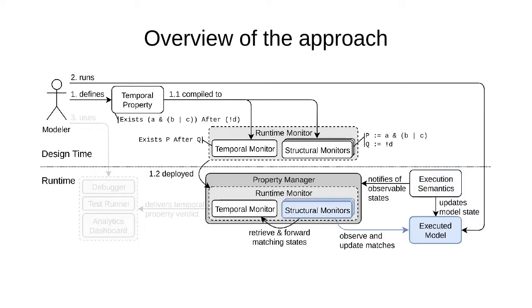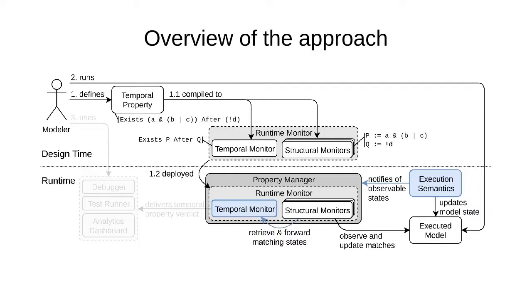This state is observed by the structural monitors, which incrementally gather matches for their corresponding structural patterns. When an observable state is reached, as defined by the execution semantics of the DSL, the property manager is notified.